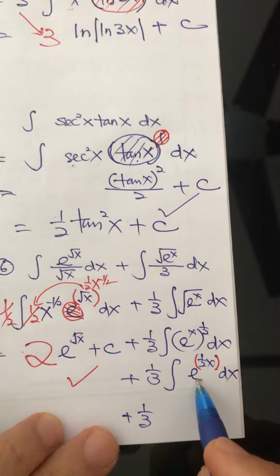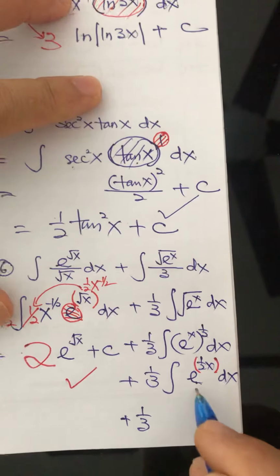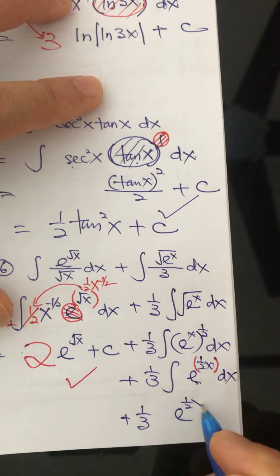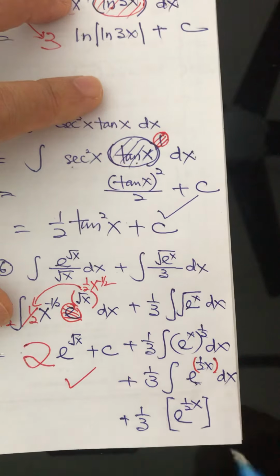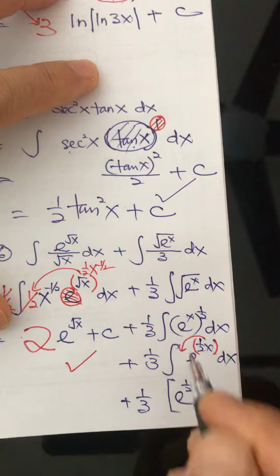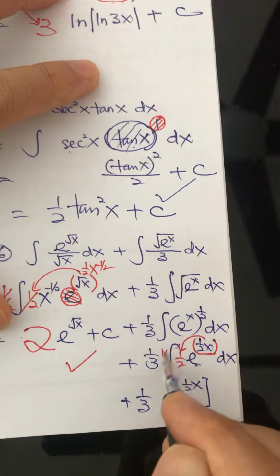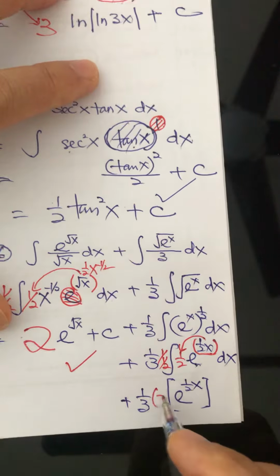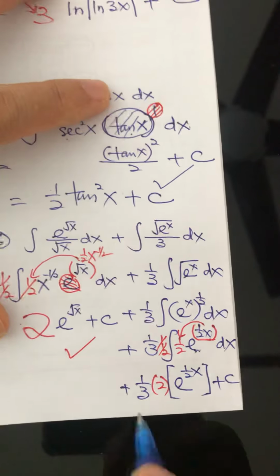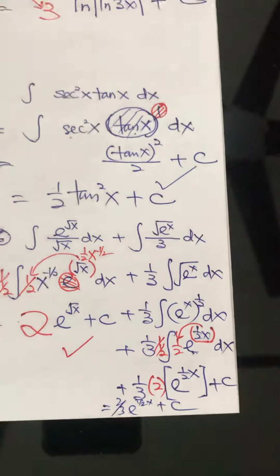The one outside. What function you want to integrate means which function you want to change? Exponential. So you change exponential, you still get back exponential. But what must we have here? You differentiate the bracket. You must have half. So 1 over half, which is 2. So plus c. Therefore, you know the answer is 2 over 3 e^(x/2) plus c. That's all. Okay.